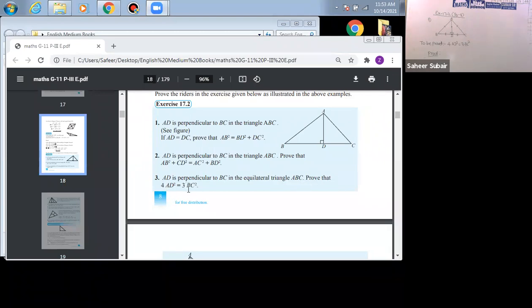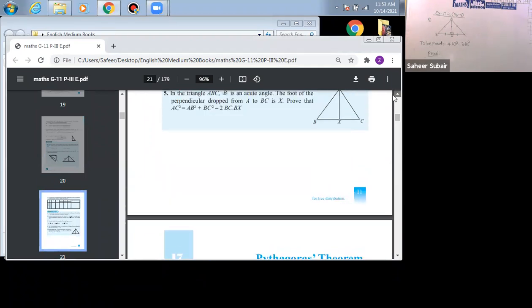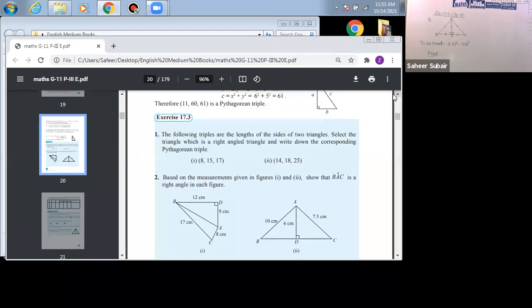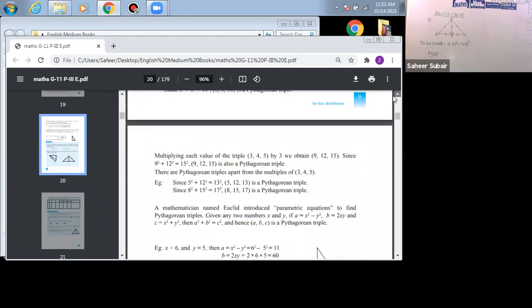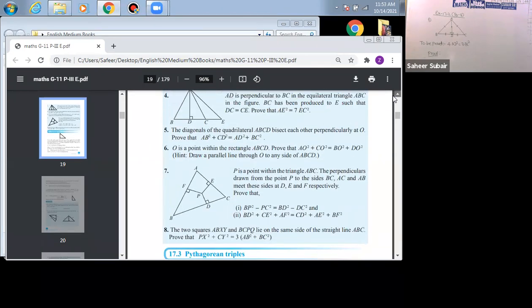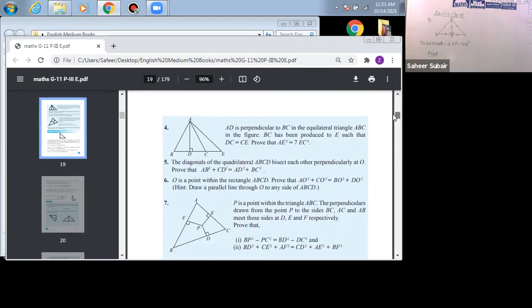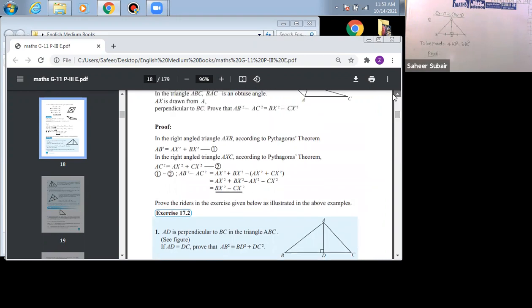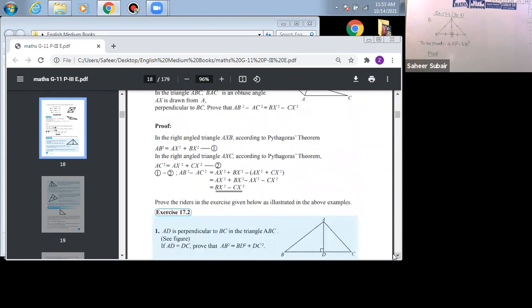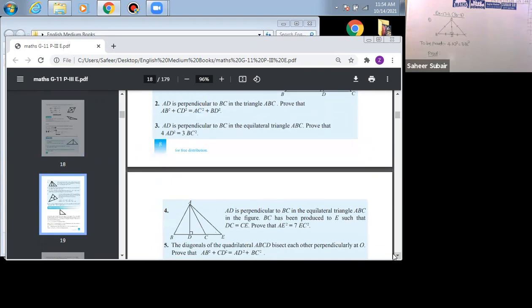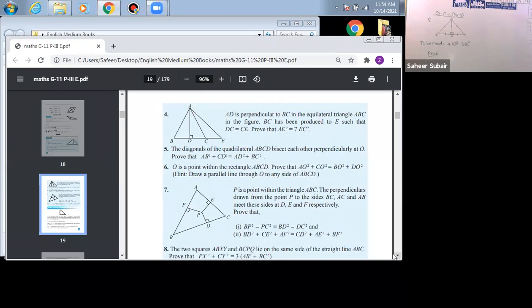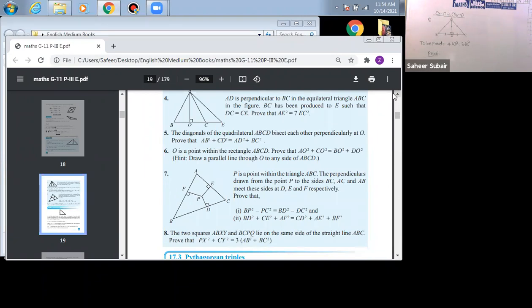Prove that 4AD squared equals 3BC squared. So these are the remaining questions.